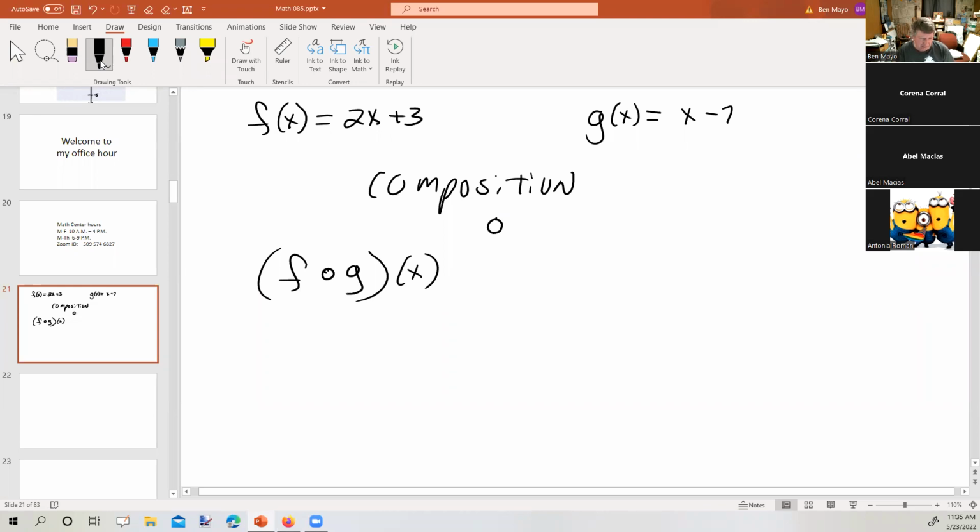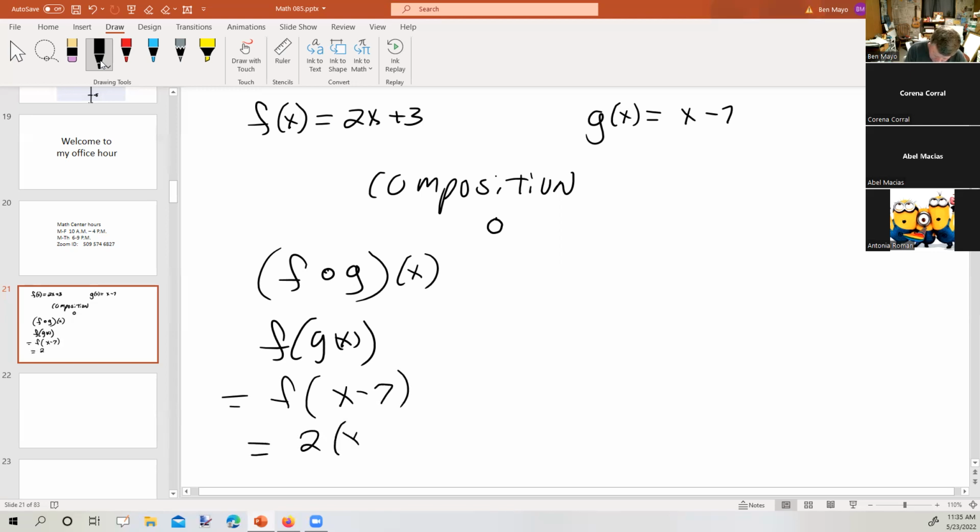So f composed with g of x. What does that mean? That means we're going to evaluate f at g of x, which is basically what we just got through doing. So f composed with g of x would be f of g of x, which is f of x minus 7, which would be 2 times the quantity x minus 7 plus 3, which is 2x minus 14 plus 3, which is 2x minus 11.